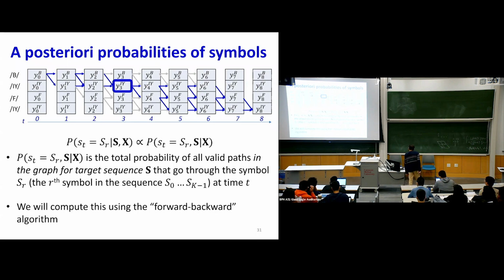And so the total probability of the subgraph I've shown is the total probability of all paths that have S0 through Sk minus 1 as the symbol sequence, and that in the process of having this symbol sequence, E is aligned to time 3. Making sense? Right?